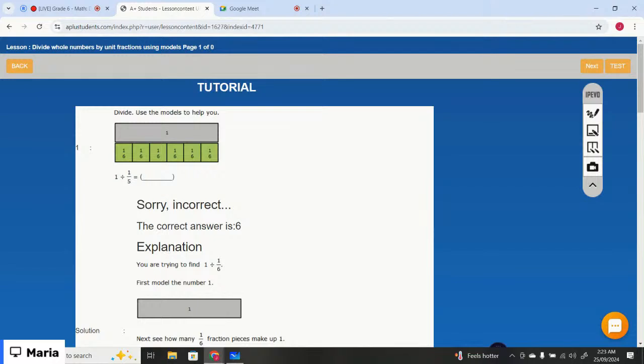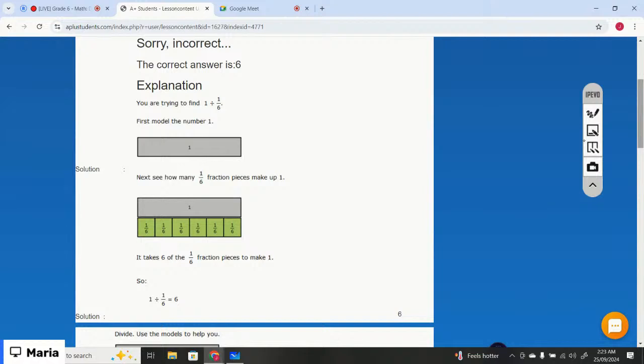Okay, divide. Use the model to help you. 1 divided by 1 over 6 it is, right? Not 1 over 5. So you are trying to find 1 divided by 1 over 6.